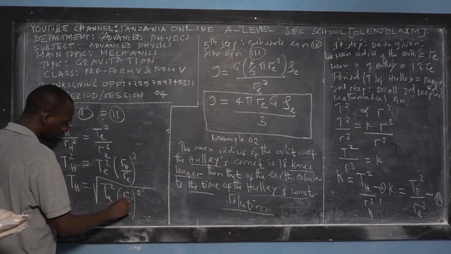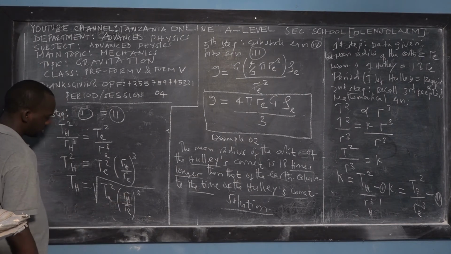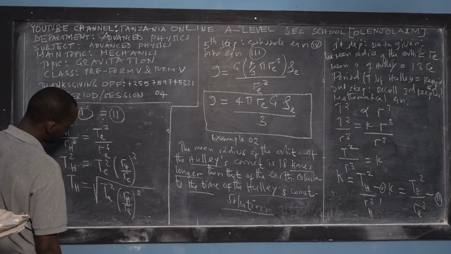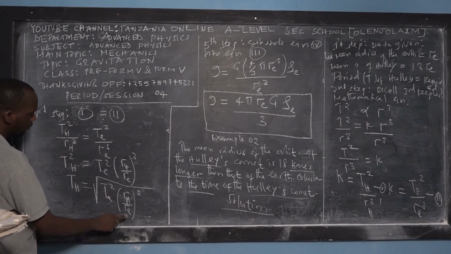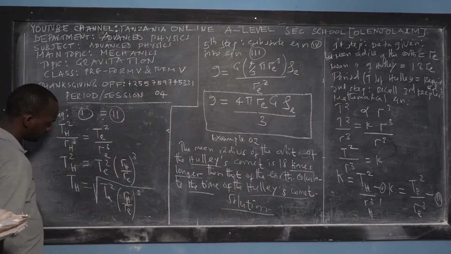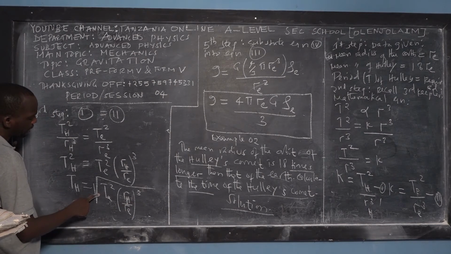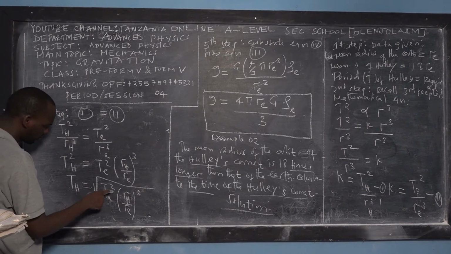If you find the square root of the period of the Earth squared, then you get the period of the Earth.